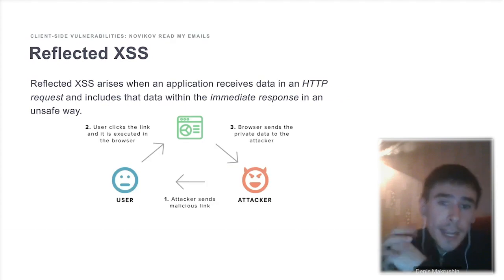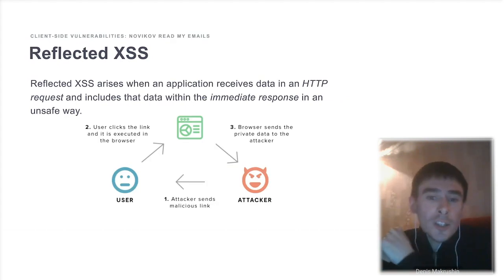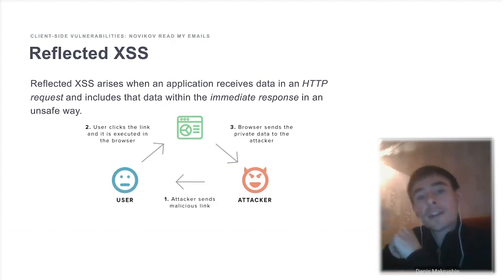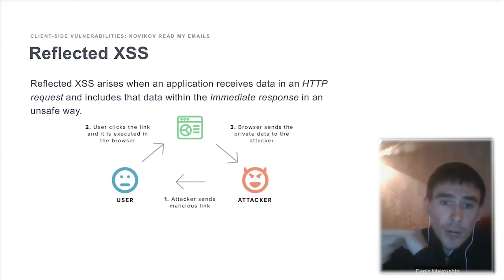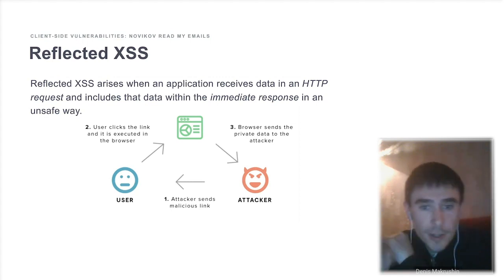The second one, reflected XSS, is XSS that is not stored on the server, but reflects in the response of your server. If you send a request with the payload, the server immediately sends you a response with this payload that executes in your browser.